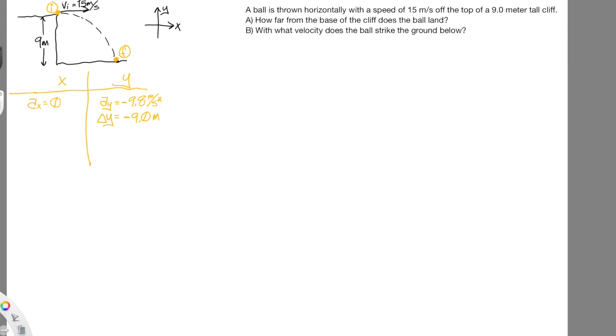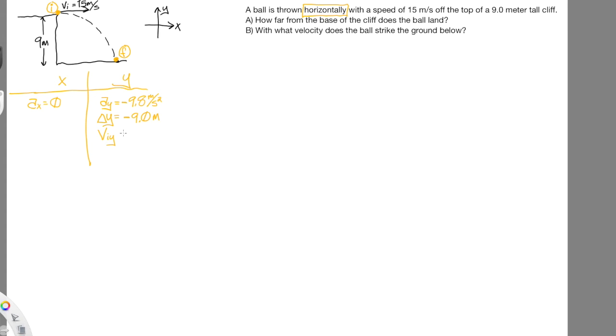We've also been given the initial velocity, or the initial speed, and we need to figure out how this splits up into x and y. For this problem, the ball is thrown horizontally. And you can see that up here, the VI vector I've drawn straight to the right. When a vector is horizontal, that means its whole magnitude is in the x direction and there is nothing left for the y direction. So there's no triangle to write here. It's actually simpler than that.